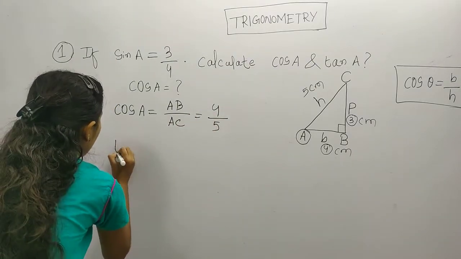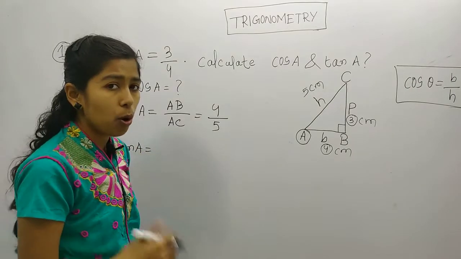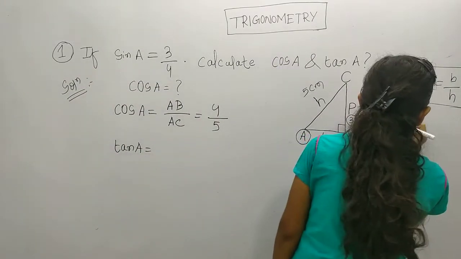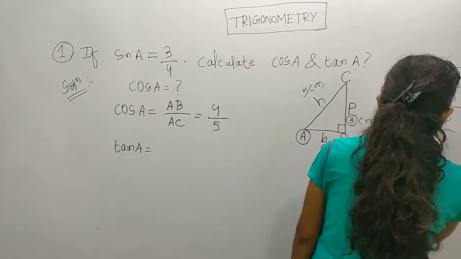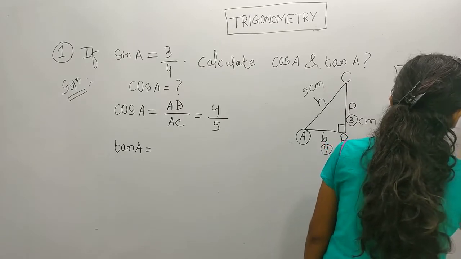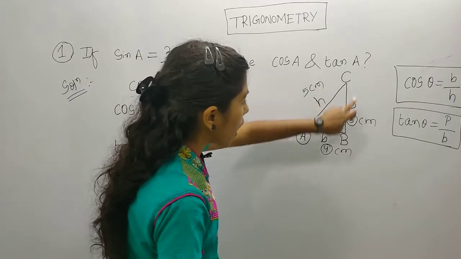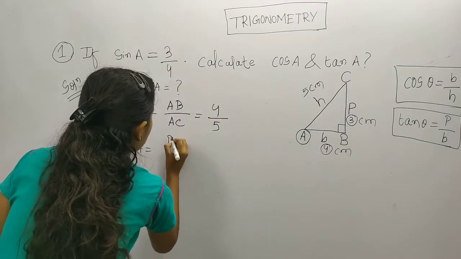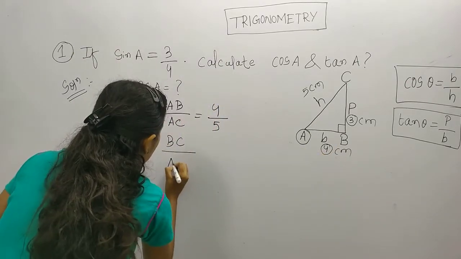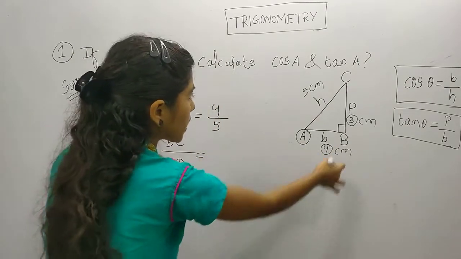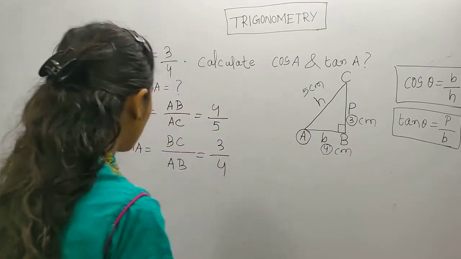Now tan A. We have one direct formula for tan: tan theta equals perpendicular by base, P by B. Here, the perpendicular is BC and the base is AB, so BC is 3 by AB is 4, which is 3 by 4.